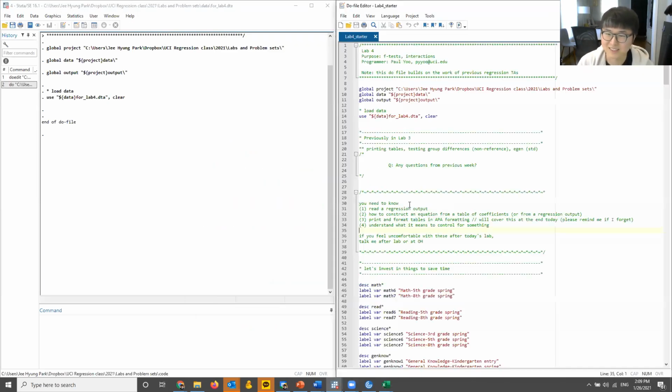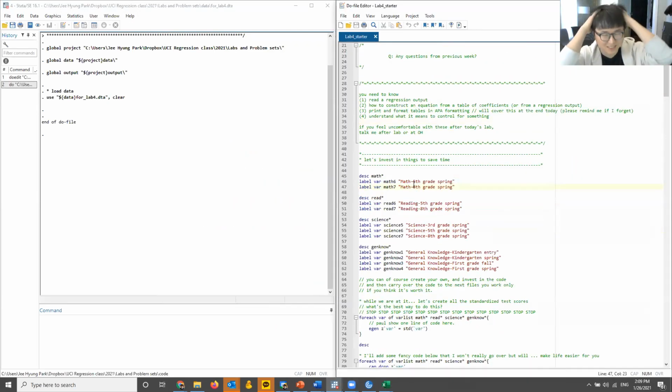Someone made a suggestion that they spent a lot of time trying to figure out variable names and whether the variable asked about in the problem set matches the variable that's in the data. And I know that you guys have access to the PowerPoint that gives you a crosswalk of how the variable name, for example, math6, matches onto which grade they were when they collected the math test.